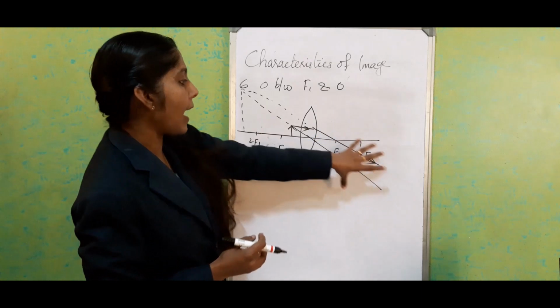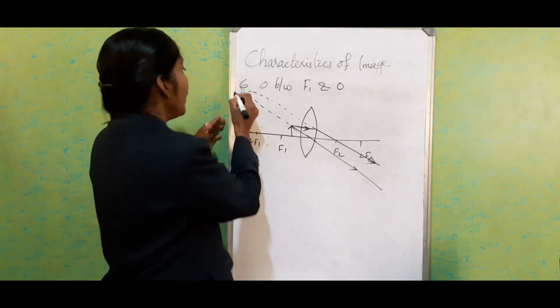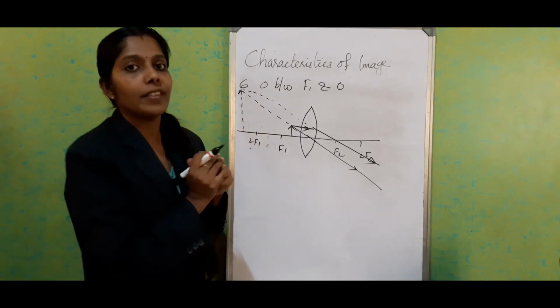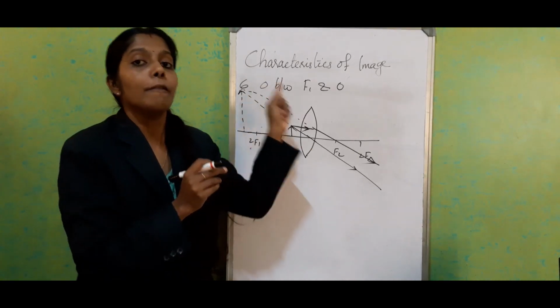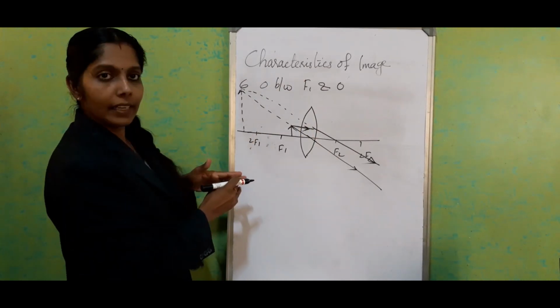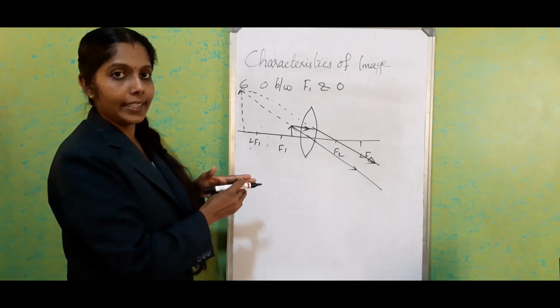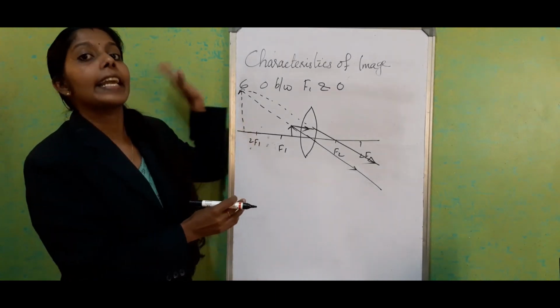We feel that the refracted rays appear to come from a single point. So this is the position of the image when the object is between focus and the optic center. We can understand it's not real in nature. It's virtual in nature, it's erect and it is enlarged.